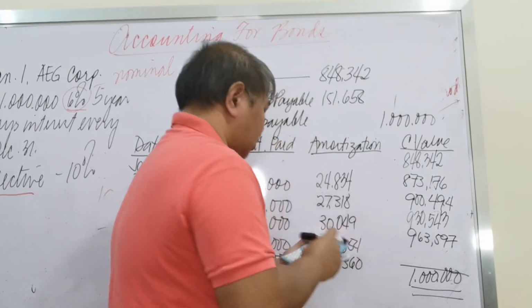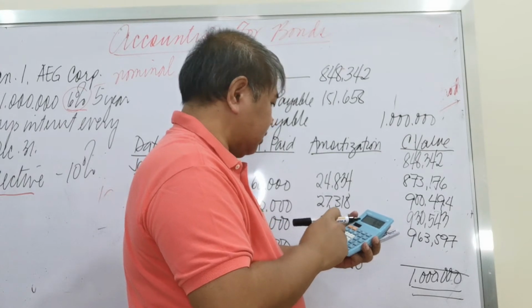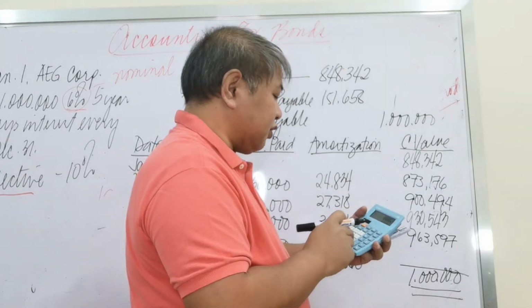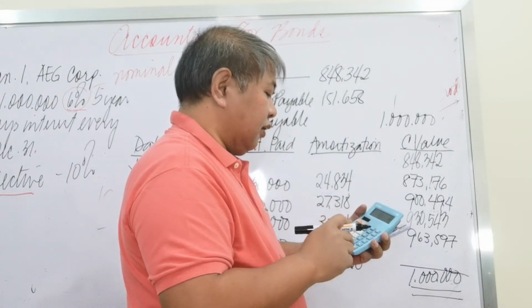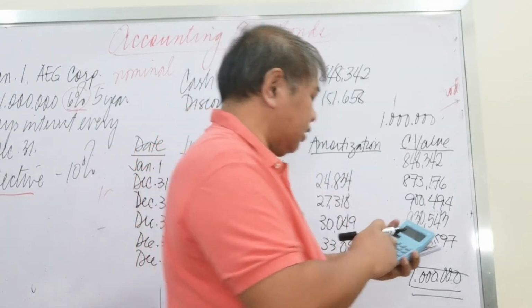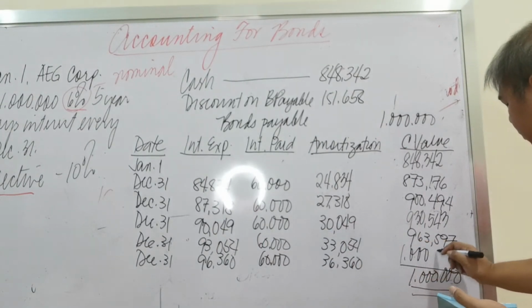Therefore, this is now 36,360. Okay, so again, there's a little difference. We have a difference of how much? Less 1,043 pesos. So what we're going to do is, we will just adjust the interest. So this should be 1 million pesos.